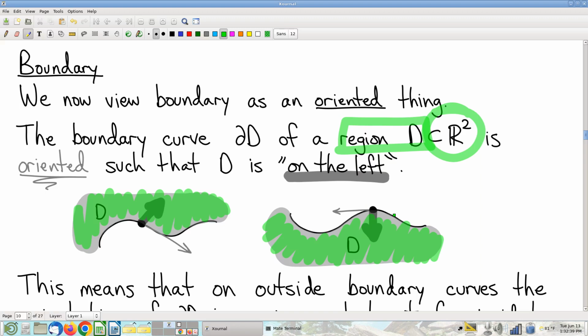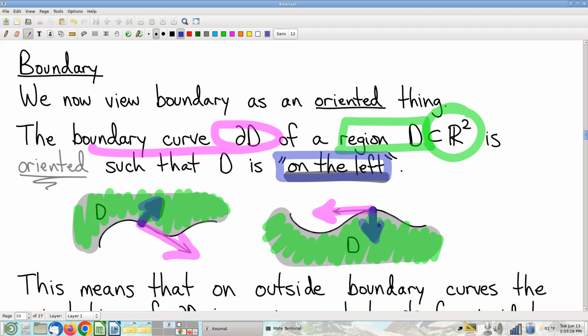Here's the rule: the boundary curve goes whichever direction it has to, so that when you go that direction along the boundary, as you walk, the region whose boundary you're talking about is on your left. Right? So if I were to say, okay, there's a lake over there, go walk around the boundary of that lake.